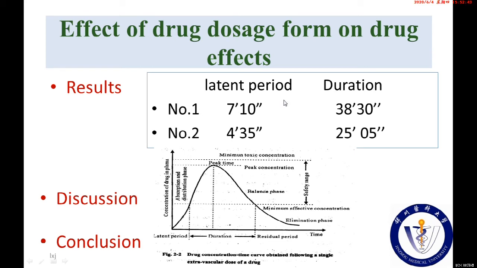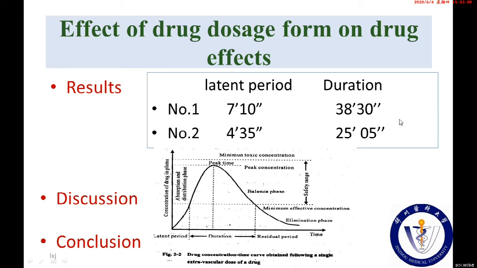The latent period, the time required from administration to the onset of its pharmacological effect, to lose the normalizing reflex, is 7 minutes 10 seconds. So this is the latent period for number 1. And this effect lasts for about 38 minutes 30 seconds.